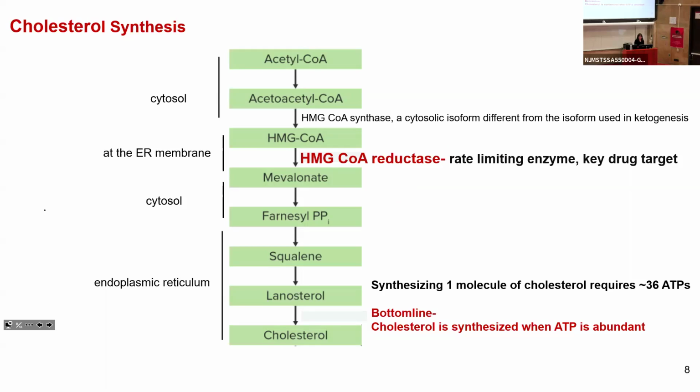And another thing I wanted to point out is that the synthesis pathway is going on in various compartments within the cell. In the cytosol, at the ER membrane, that's where HMG-CoA reductase is located. Also in the cytosol, also in the endoplasmic reticulum.